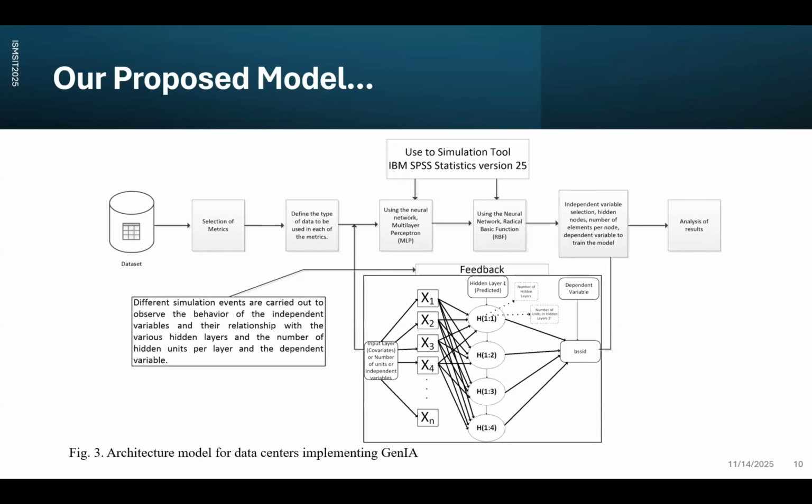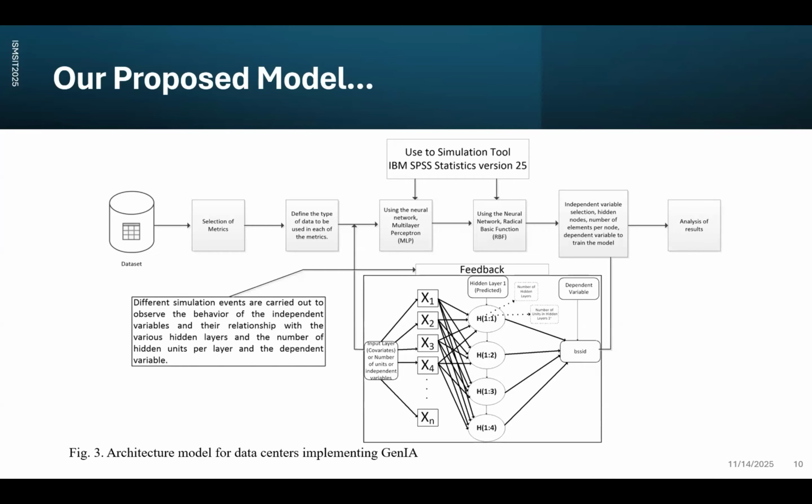Finally, the analysis of results is done with this simulation tool. Basically, the defined type of data to be used for the metrics and the independent variables are introduced into the model, the neural networks.